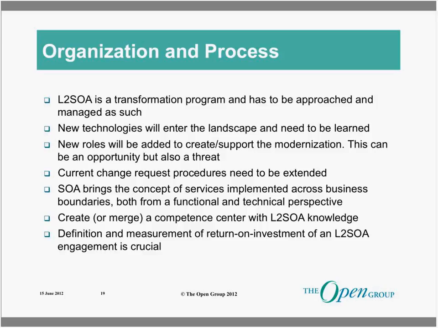Often you SOA-enable one legacy system, but you will mostly see that you need to handle it as a transformation program, because it's not only about systems, it's also about process, people, and governance. So that's very important. There is learning because new technologies enter the landscape, learning from a design and development perspective, but also from a management perspective.